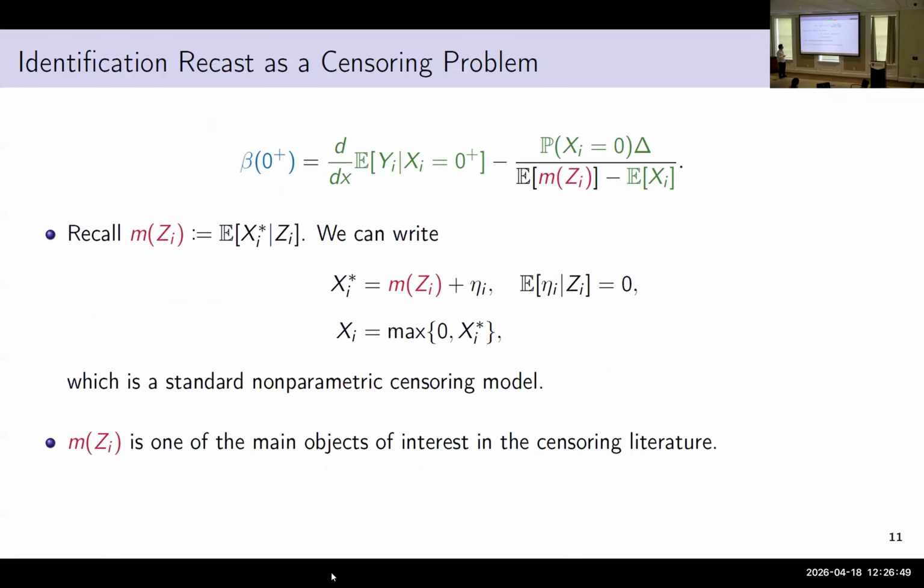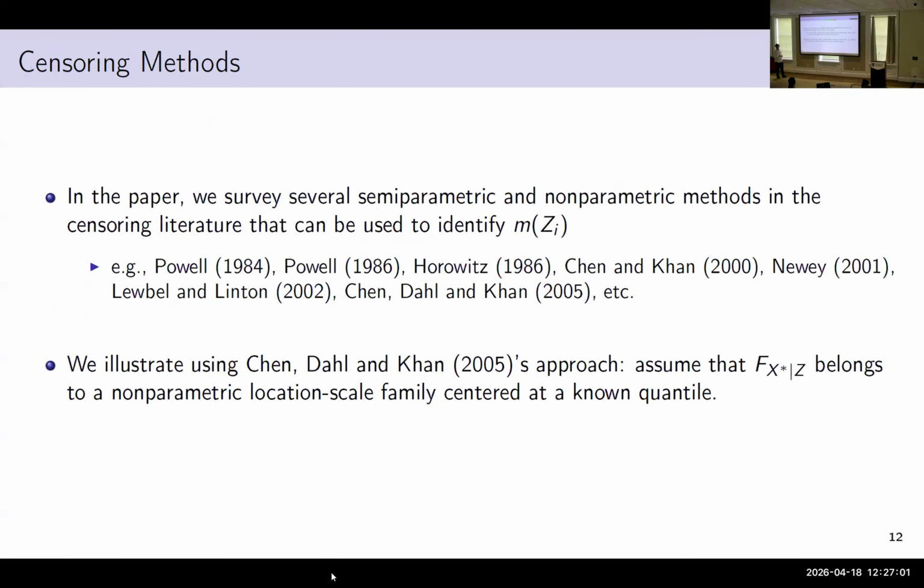Okay, so I was here. Oh, so yes, here. So this is the idea. Choose your favorite identification method and plug it in. There are a lot of identification methods you could plug in.